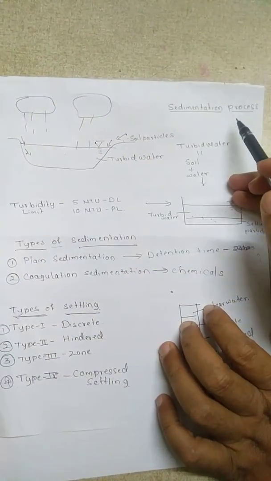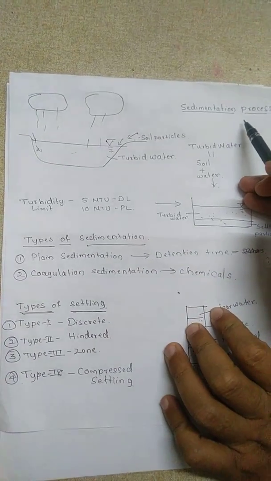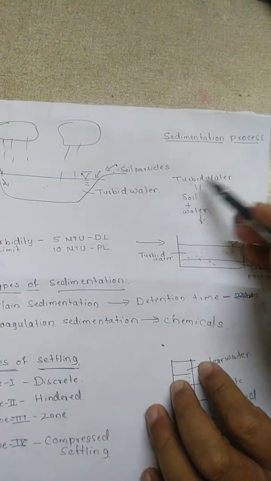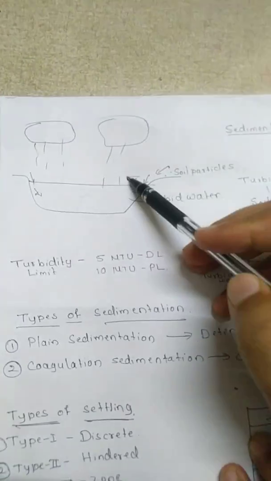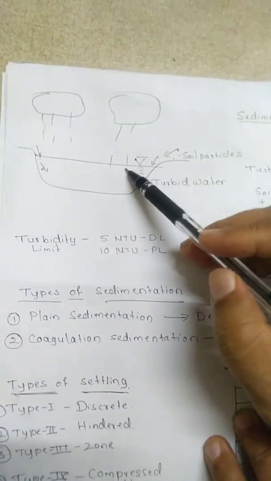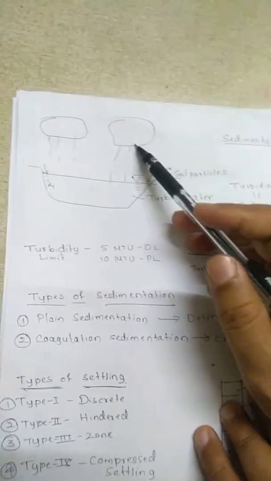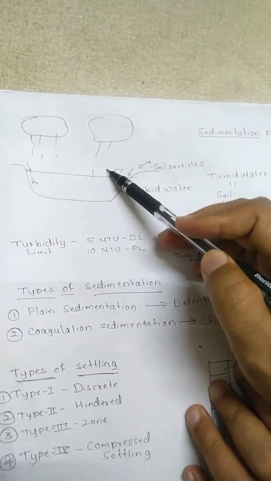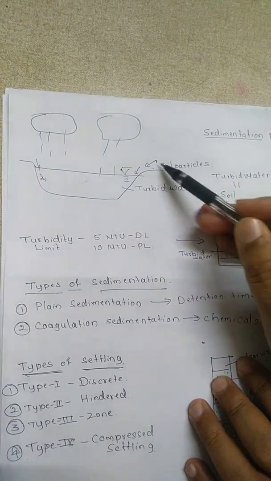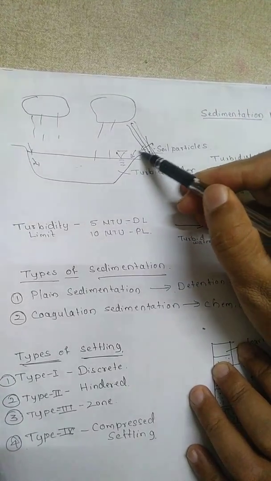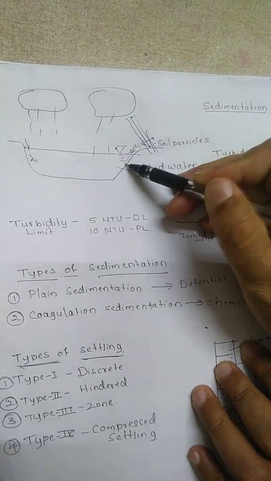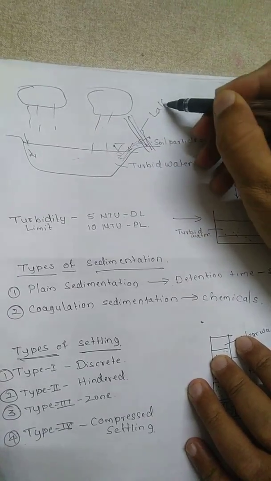Regarding the sedimentation process, first of all we need to know what is turbid water, and this turbid water we get from precipitation. Precipitation is nothing but rainfall. When rainfall occurs, the water first flows down on the land surface and then enters the water source, either a lake, river, anything.